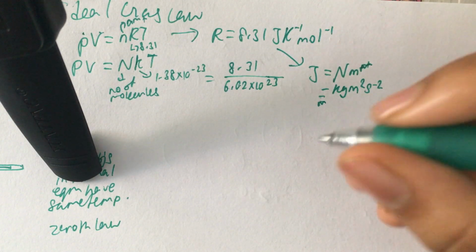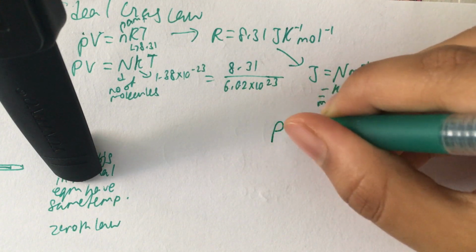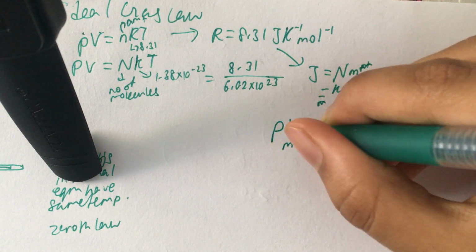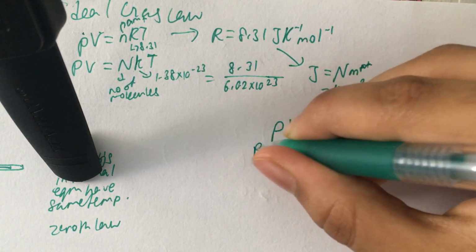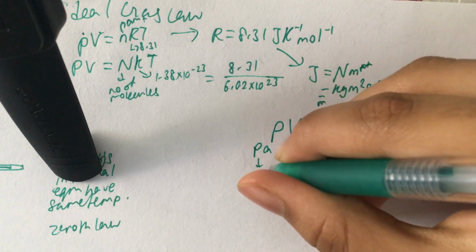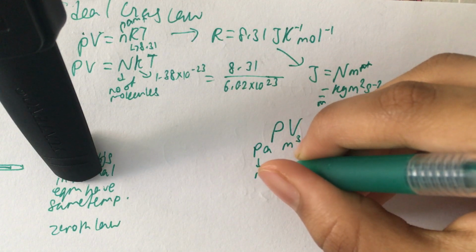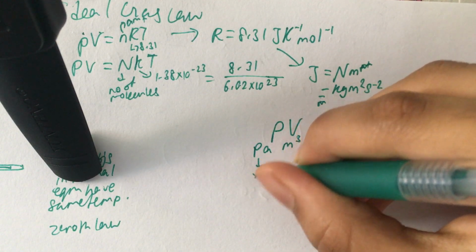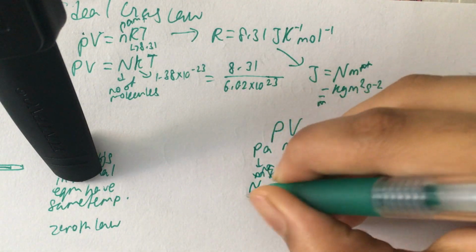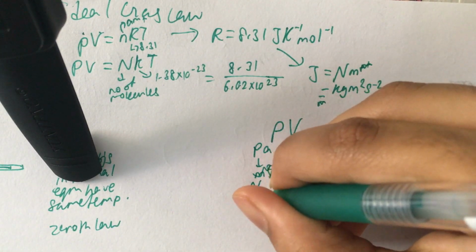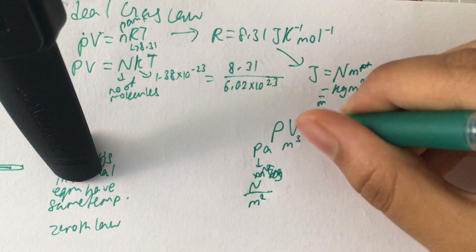You use SI units: you basically use meter cube for volume, and for pressure you use Pascal. If you use atm, it won't be SI units. So use Pascals. Pascal is defined as Newton per meter square.